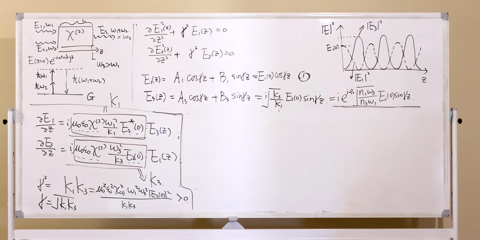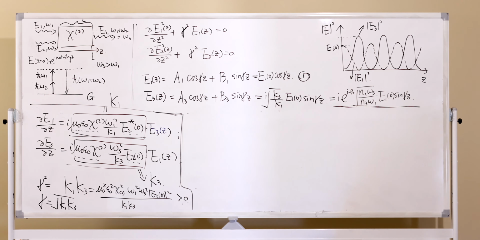So in this process, you can very easily see that there's a photon number conservation between omega 1 and omega 3, right? Whenever you generate omega 3, you have to consume omega 1, and vice versa.